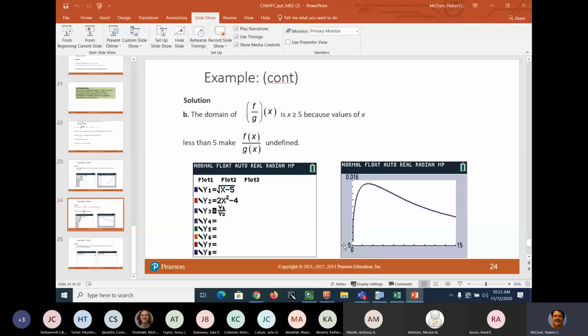I'm trying to figure out what that 0.016 is because this says 5. Why is that 0.016? Oh well.